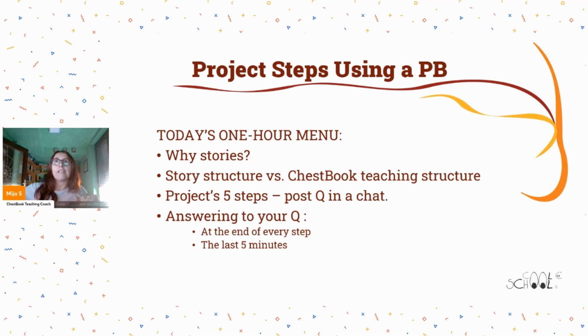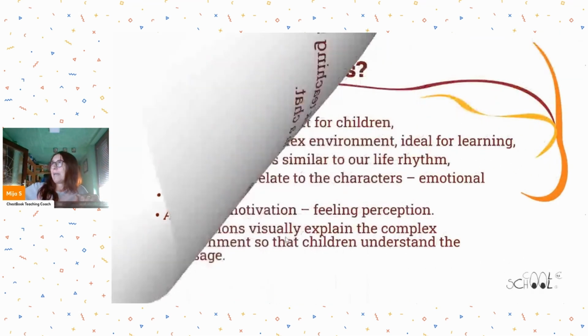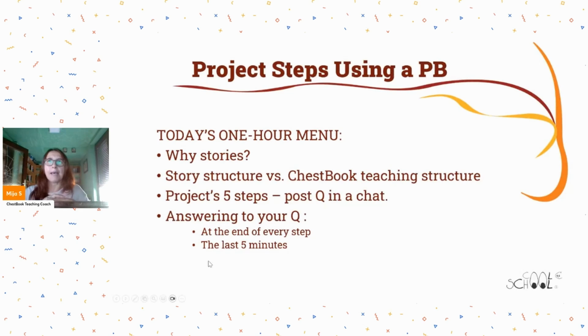And we'll delve into the ChessBook teaching steps. There are 5 of those steps, and well, there are actually 7. It depends which grade you are teaching, but we're going to talk about 5 steps today because we only address children aged 5 to 7 years old, where literacy is only briefly touched.